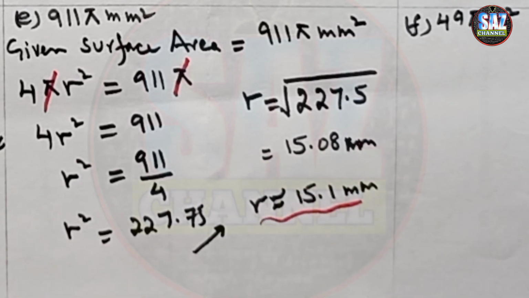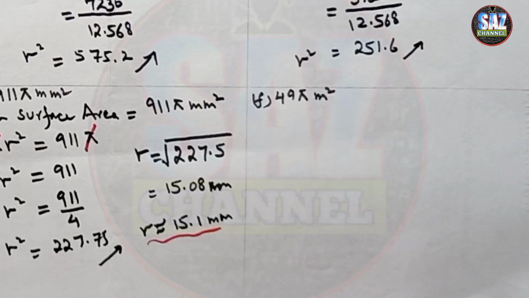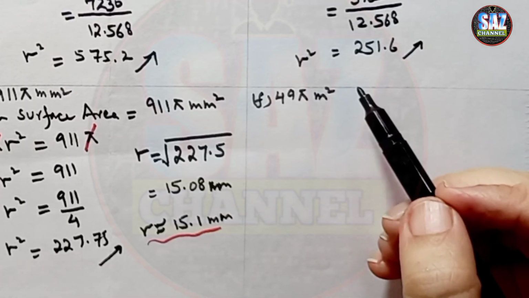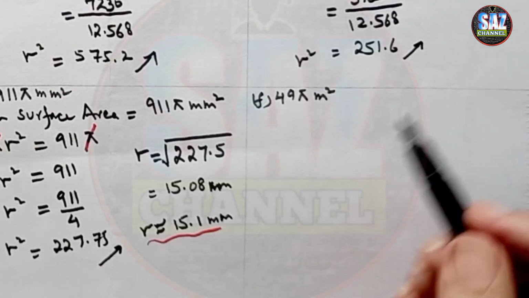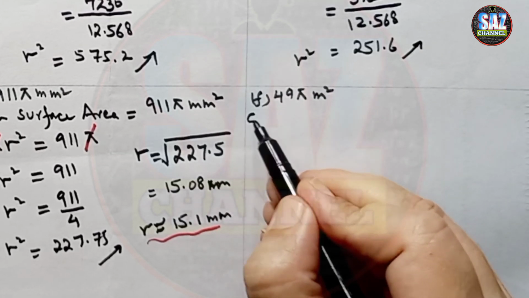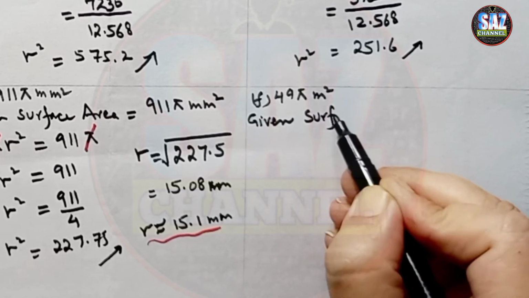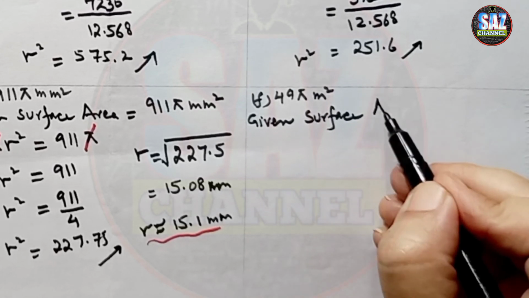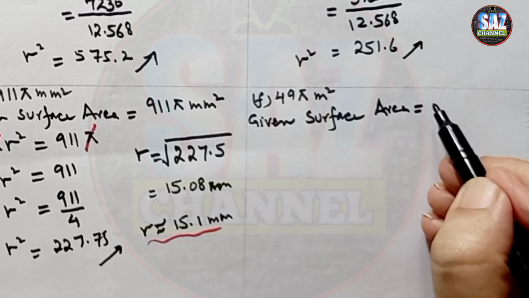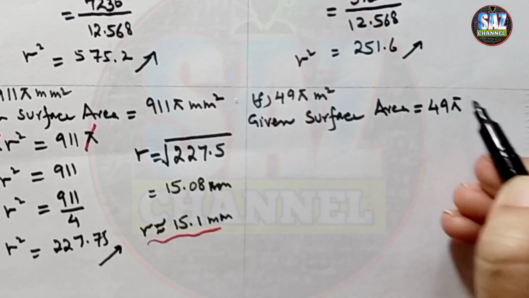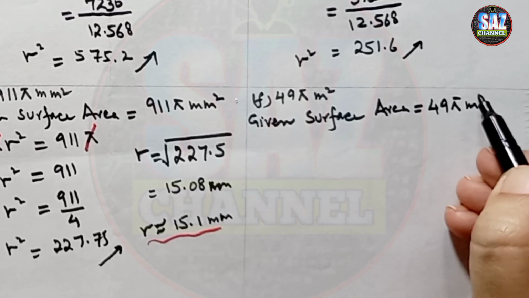In the last part, the given surface area is 49 pi and the units are meter square. Okay, this is the surface area which is given in the question. Given surface area equals 49 pi meter square.